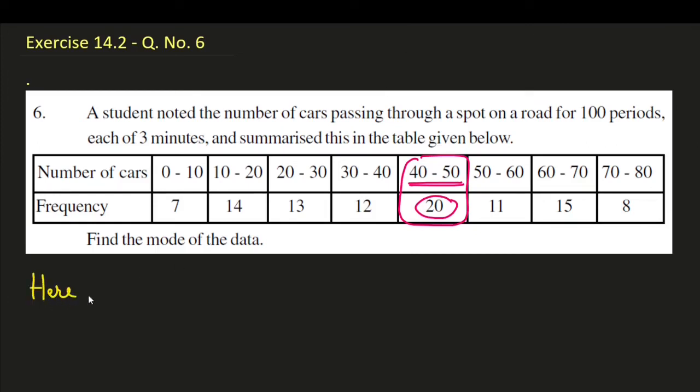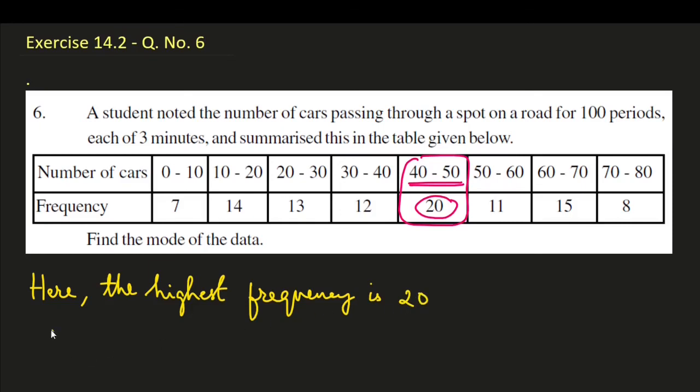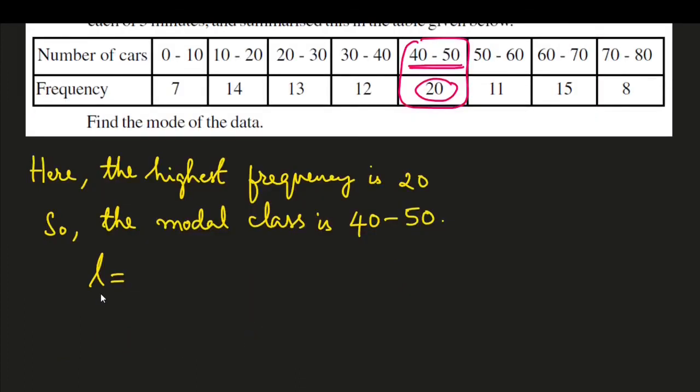Here the highest frequency is 20. So the modal class is 40 to 50. The lower boundary is 40. Class size of the modal class H is 50 minus 40, it is 10. Now let us find the frequencies.